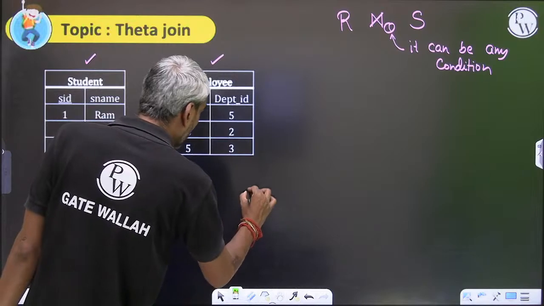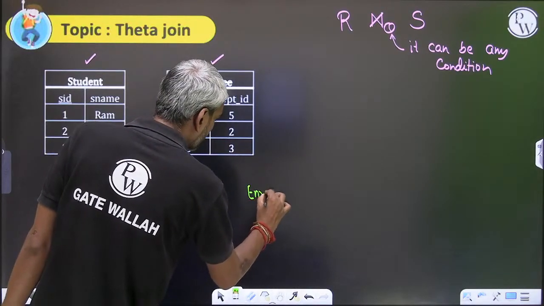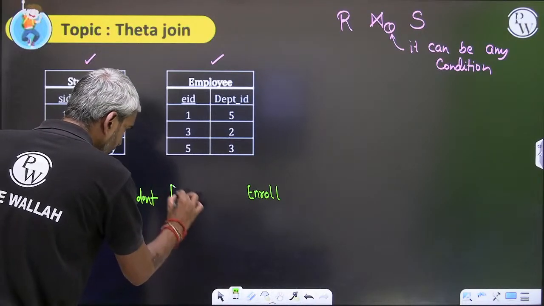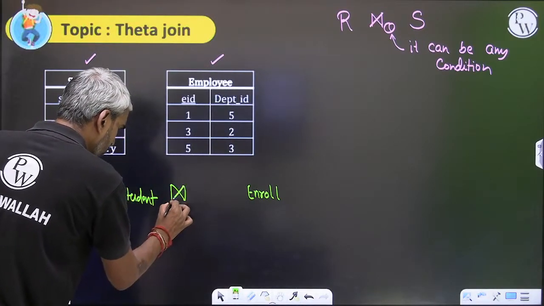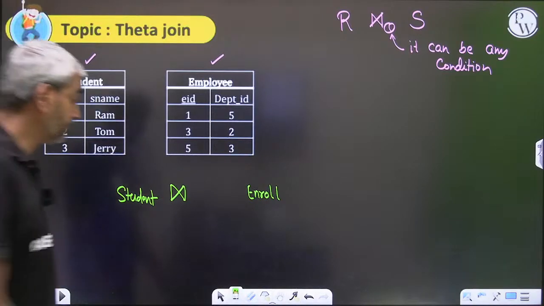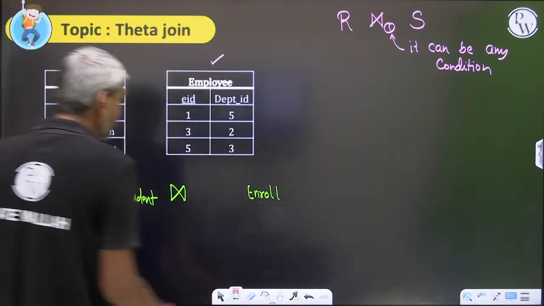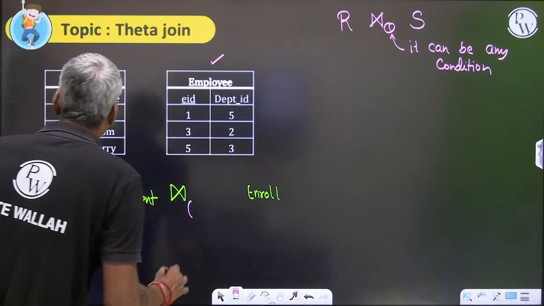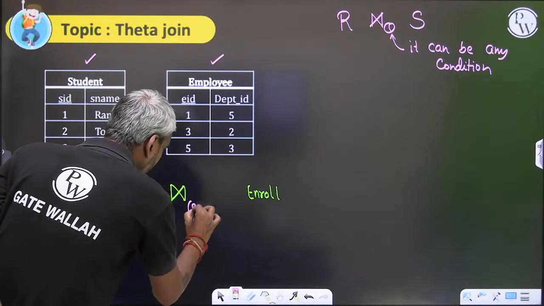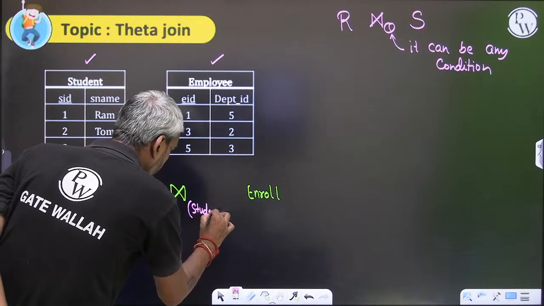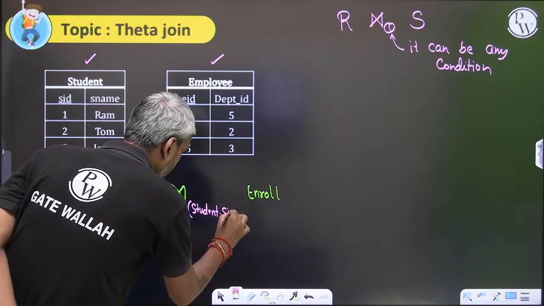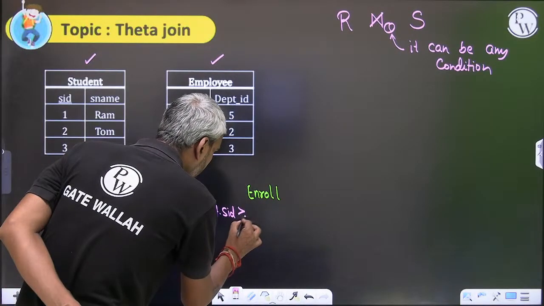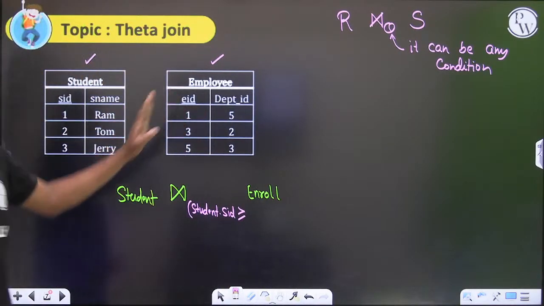So if I try to join a student table with an enroll table, based on some condition, let's assume I specify the condition as student.SID must be greater than or equals to employee.EID.